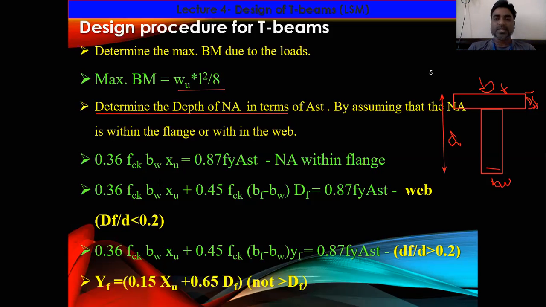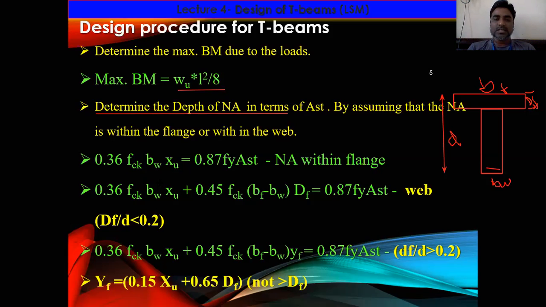And one more important thing is we don't know where the depth of neutral axis is located. That means, as I said, whether it is within the flange or within the web. If it is within the web, another case is whether Df by d is less than or equal to 0.2 or Df by d is greater than 0.2. So all these things we don't know.